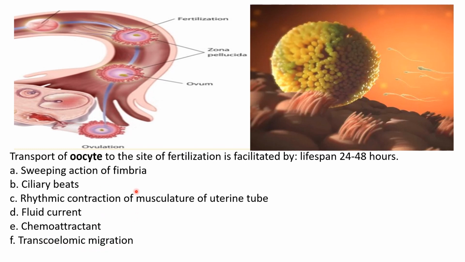So these are all factors responsible for transportation of the oocyte from the ovary to the ampulla. The point to be noted here is that the lifespan of the ovum is only 24 to 48 hours, so it should get fertilized within 48 hours of ovulation, otherwise it will degenerate.